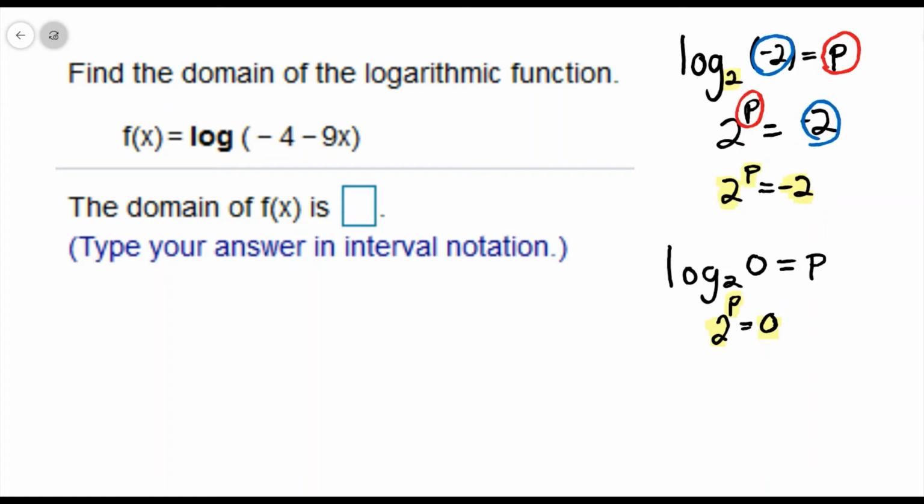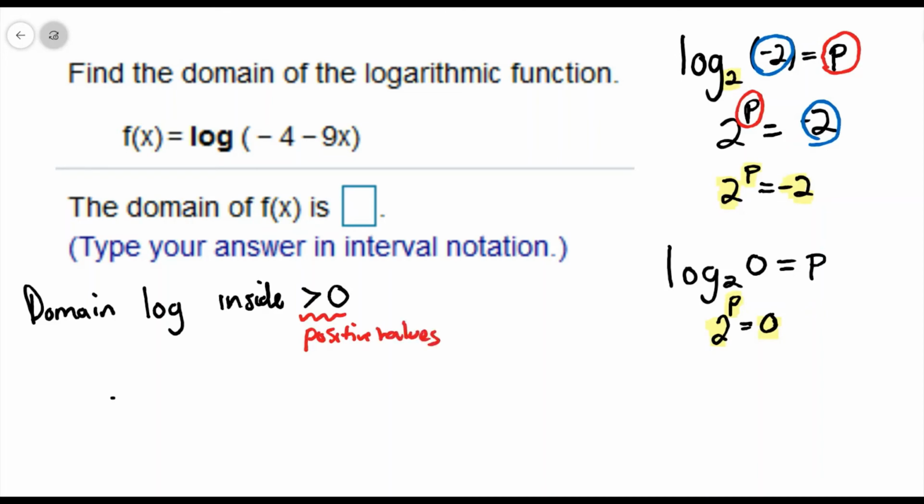They're only defined for positive values. So when we're looking for the domain of a log, we're going to take whatever expression is inside the log and make that greater than 0, because greater than 0 are positive values.